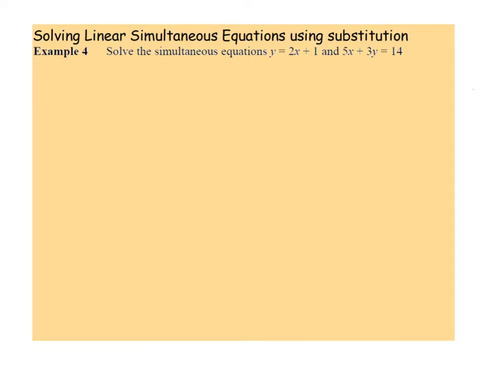Now you can see here that the simultaneous equations on this example have been written in such a way that y is the subject of one of the equations, which is equation A as I write them. And the second equation is written more similarly to how we saw equations written on the last section on elimination.